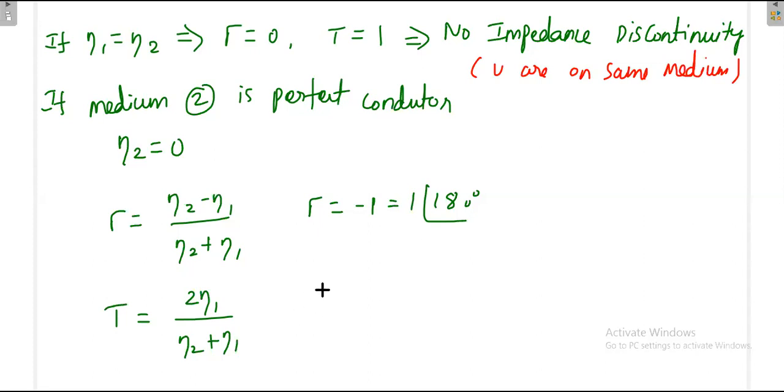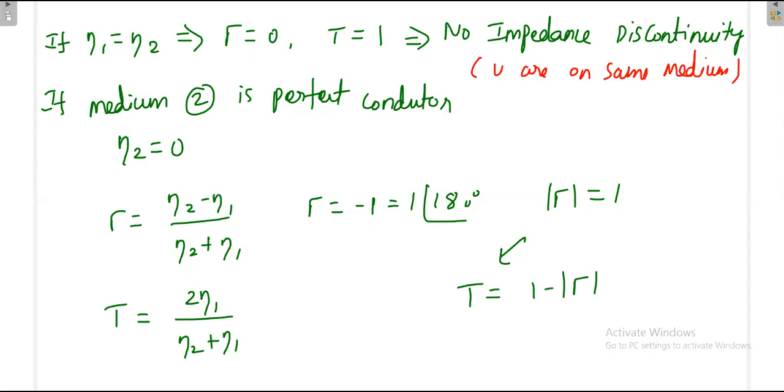Whenever you have perfect reflection, say the magnitude is 1, definitely the transmission coefficient has to be 0. Because the magnitude is important, the transmission coefficient is equal to 1 minus the reflection coefficient.